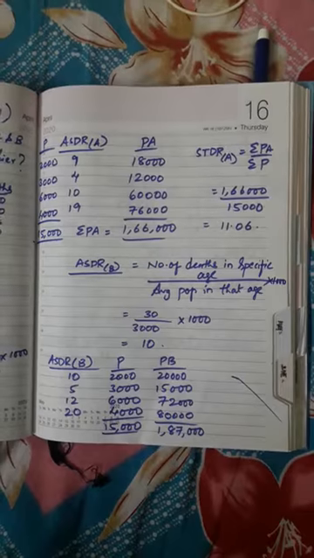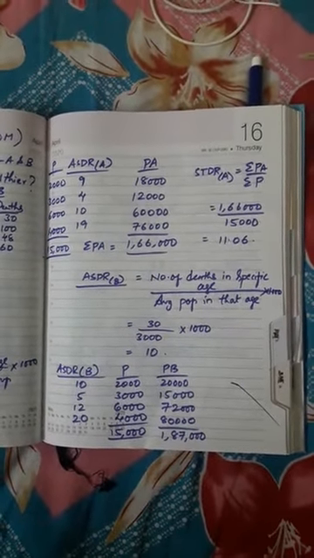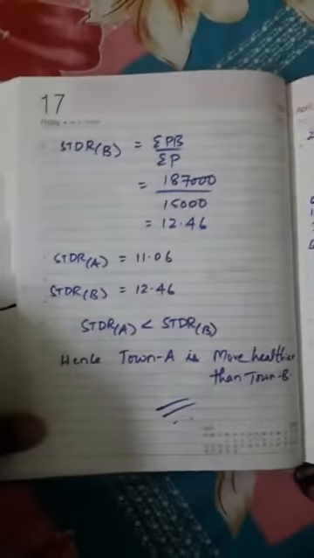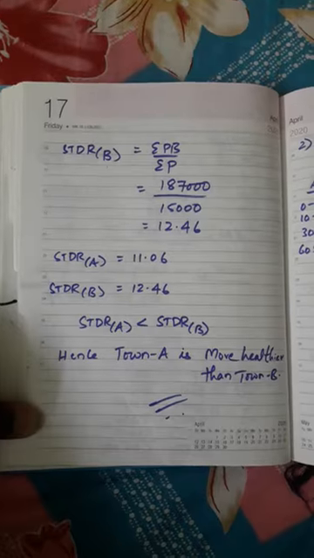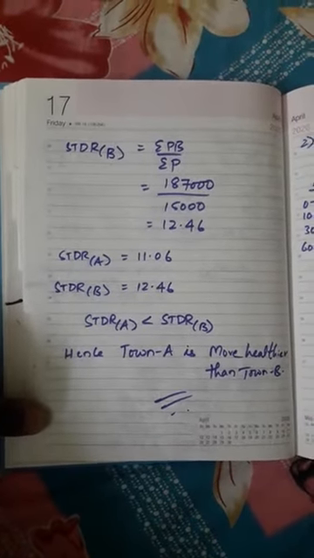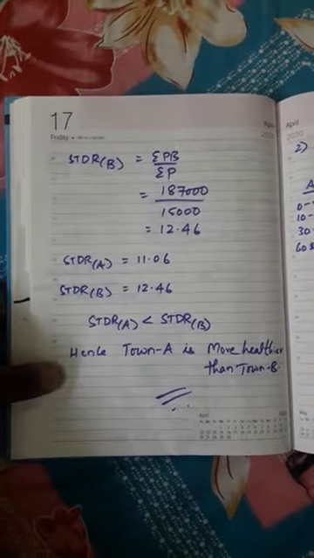The total you will get is 1,87,000. Now the same kind of formula: STDR of B equals summation PB by summation P. 1,87,000 divided by 15,000, you get 12.46 as the value, right?